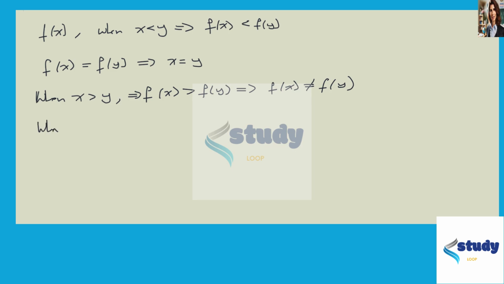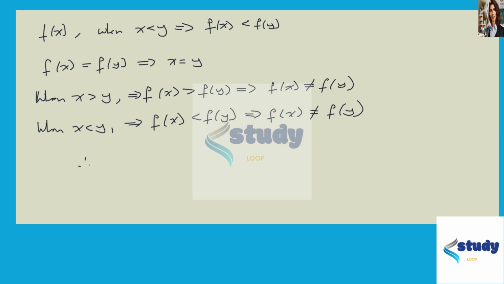Now, when x is less than y, once again, strictly increasing, we have f(x) is less than f(y), which also implies yet again that f(x) is not equal to f(y). So you have two different cases where f(x) is not equal to f(y).